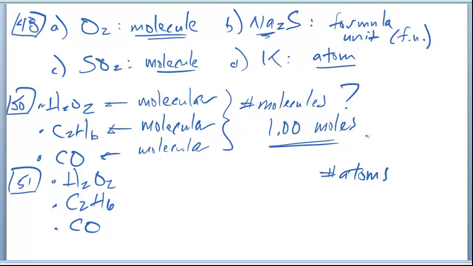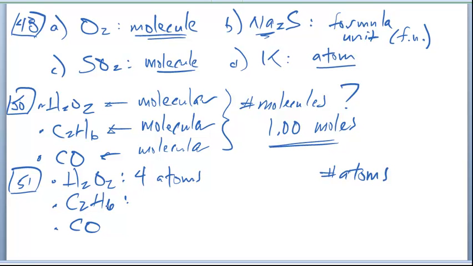First of all, let's just take this on a molecule by molecule basis. If we had one molecule of each one of these three substances, which molecule has the most atoms? If we do this systematically, hydrogen peroxide has 2 hydrogens, 2 oxygens for a total of 4 atoms.